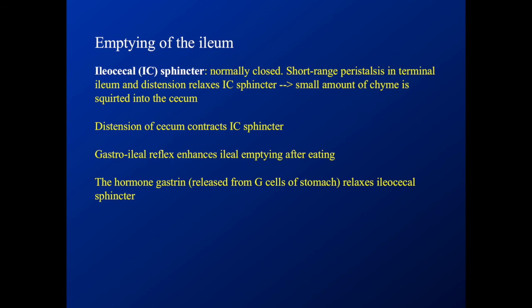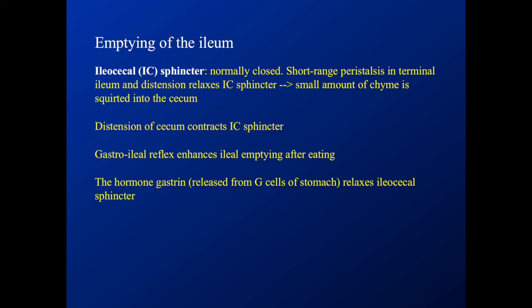Distension of the cecum contracts the ileocecal sphincter, so if there's a large amount of contents in the cecum, that's going to keep it closed. And the gastroileal reflex enhances ileal emptying after eating. So we talked about if there's stuff in the stomach, then the contractions down to the bottom end of the small intestine are going to increase and push more food into the cecum.